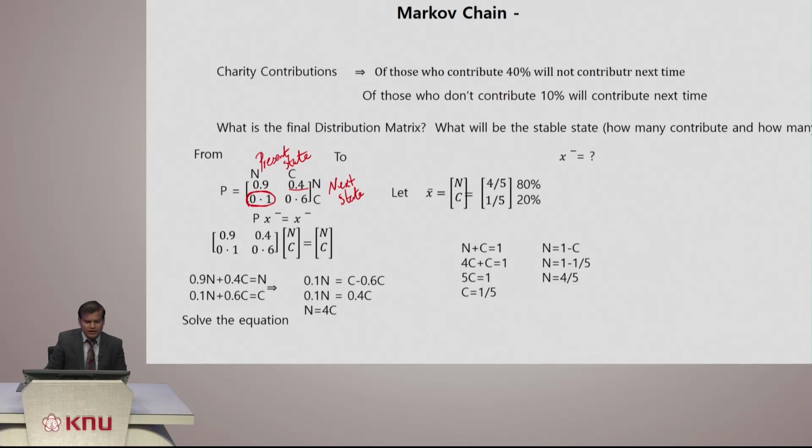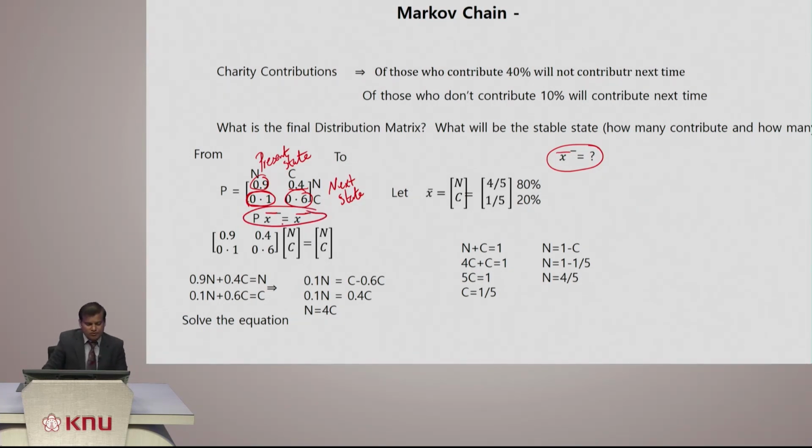Based on that, you fill in the remaining entries, 0.9 and 0.6, to make this a regular matrix with stochastic properties, and then you find the distributions among the whole process. We are asked to find the final distribution matrix, what the stable state will be, and how many contribute and how many don't. We want to understand what this x bar is in this whole process. Okay, with respect to this, we know that this condition exists.